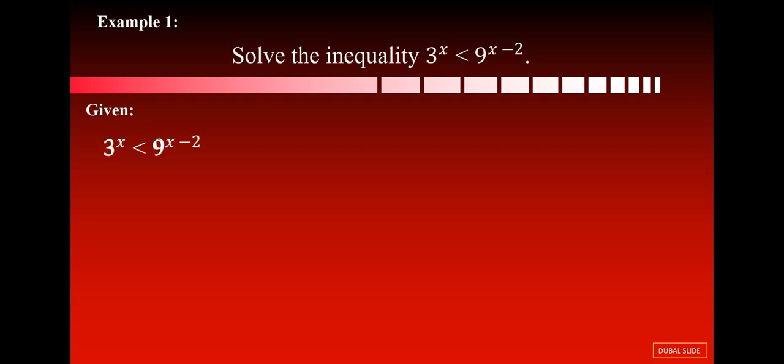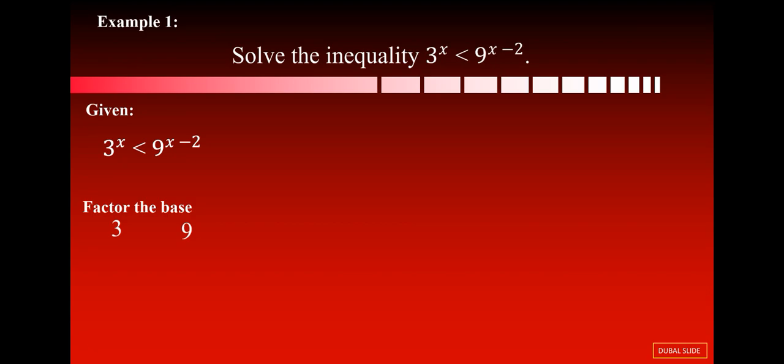Our main goal here is to look for bases which are of the same value. To do this, we need to factor the base. We all know that our bases are 3 and 9, which are different numbers. So we are going to make them the same number.